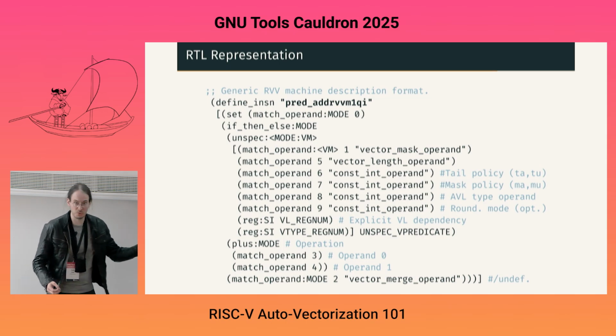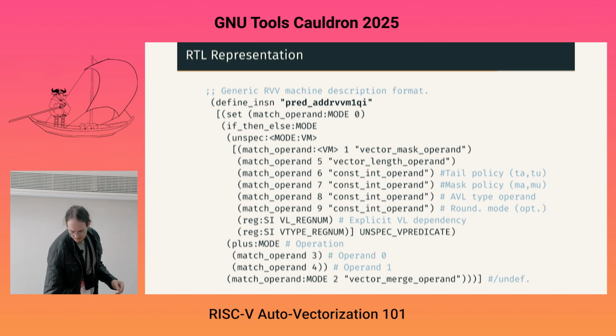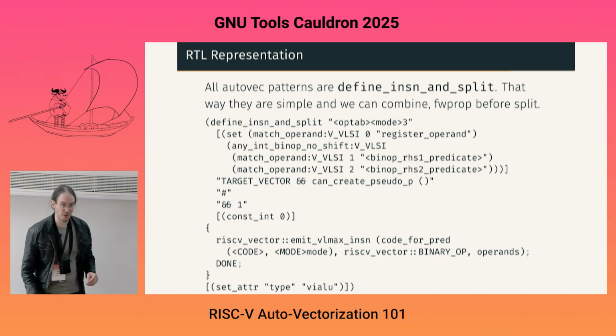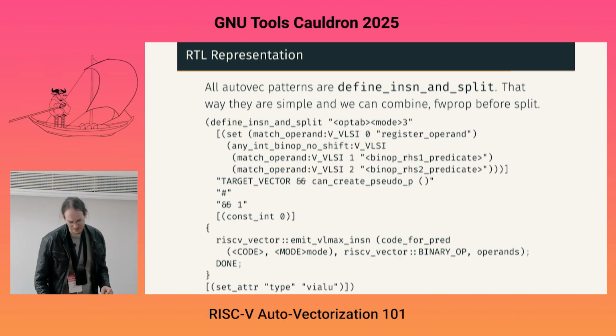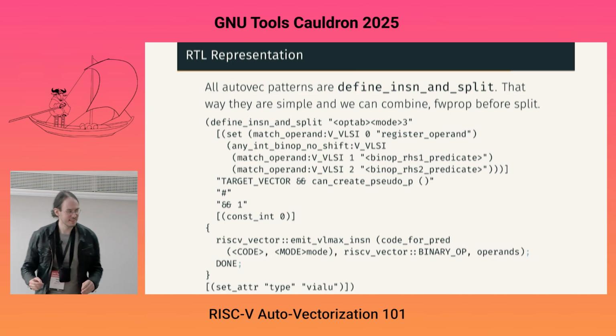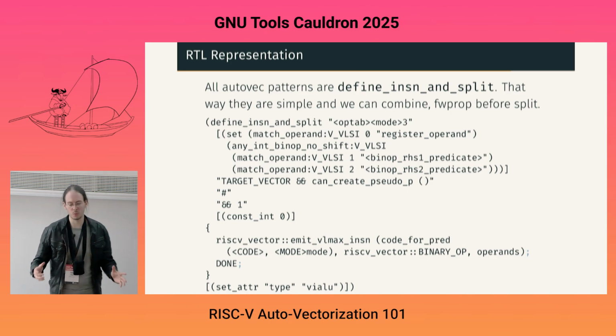And as Jeff mentioned before, there's no way combine can work on this. There's no way. So what are we doing? We use define_insn_and_split. That was a big topic yesterday. I'm sorry, Jeff. But for now, this is probably a good use. We still want to get rid of it, I guess. But for now, we do that.